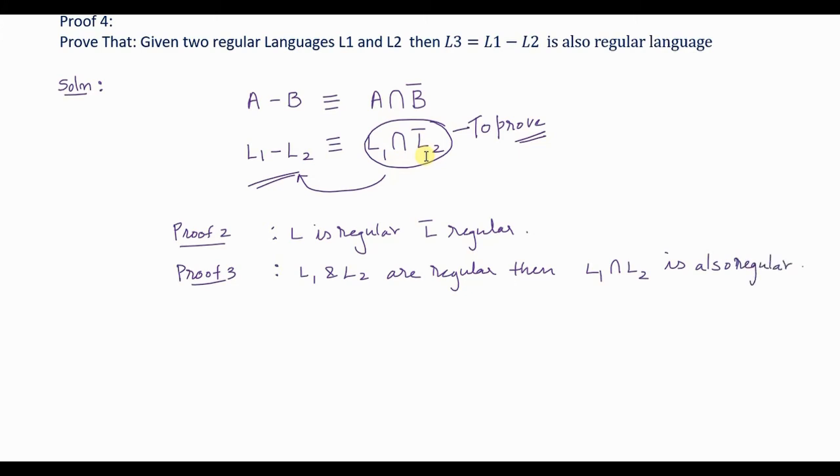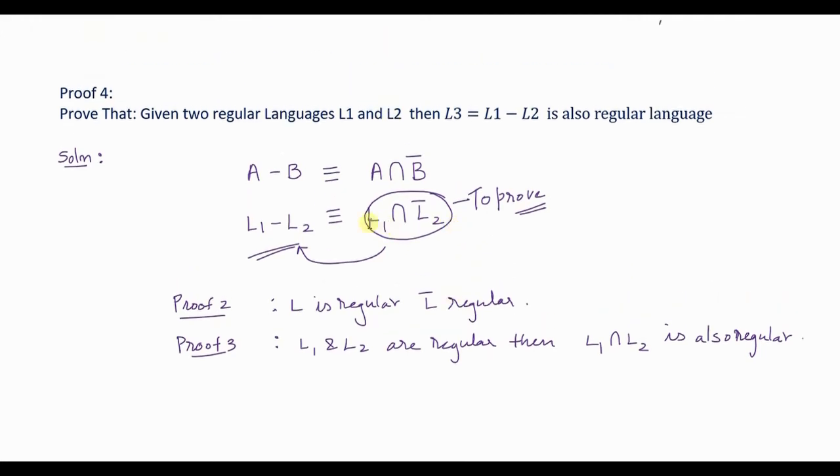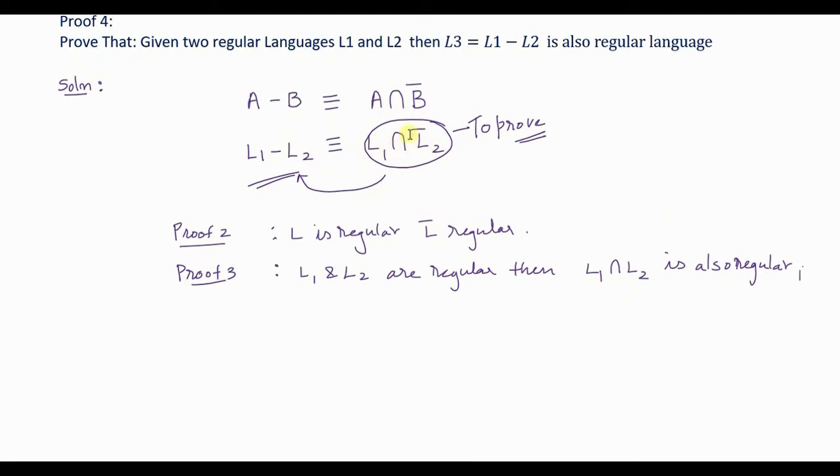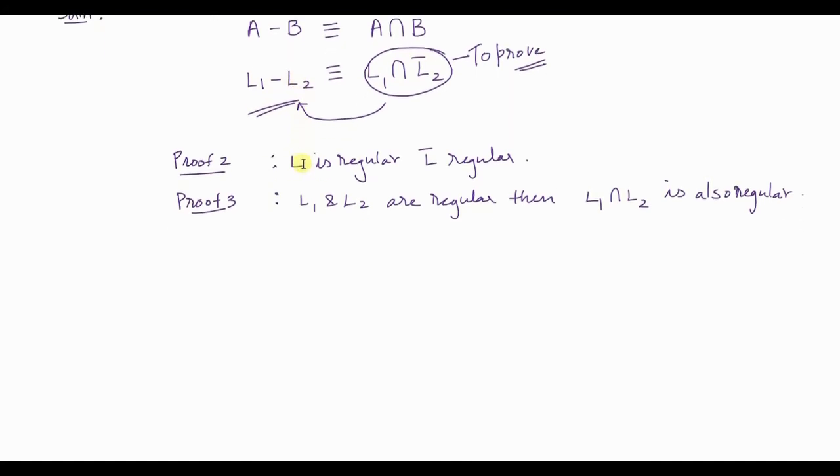Okay, so we will actually make use of these two. Now in this proof it is already told you that L1 and L2 are regular. So what we can do is we can prove L1 intersection L2 bar. If we are able to prove that L1 intersection L2 bar is regular, then it means you have already proved that set difference L1 minus L2 is regular.